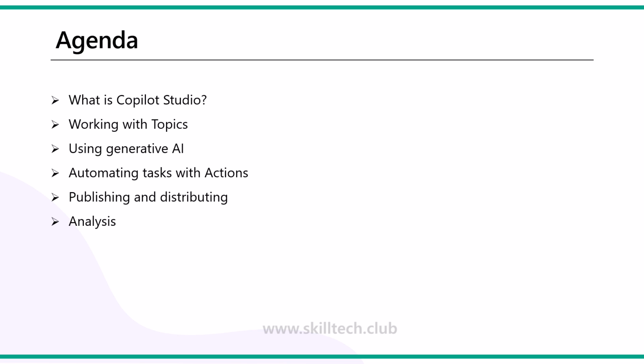After that, we'll see how we can use generative AI in configuring Copilot Studio based prompts, and then we'll talk about automating tasks with actions. There are various actions which you can use to trigger. We have different types of topics also. We will discuss all those things. And then after this, we will talk about publishing and distributing our Copilot agents. Finally, the last thing we are going to talk about is analysis.